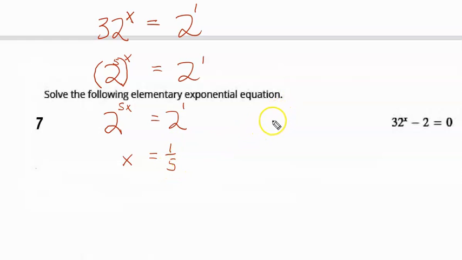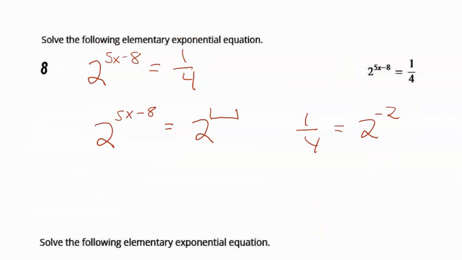Because if we take 32 to the 1/5 power, that would be the 5th root of 32, converting it to its radical form, which is 2.